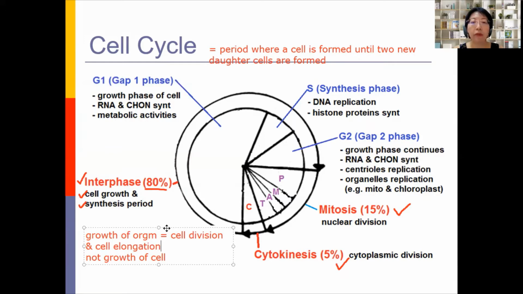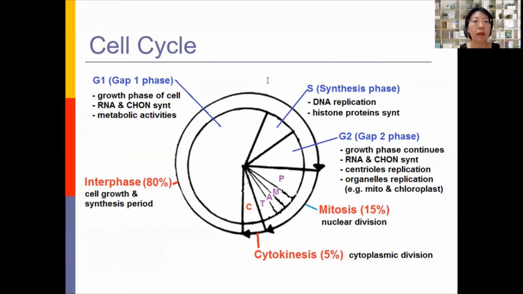If you reference different things, it has a different meaning. So during interphase, we are referring to the cell. Grow means it will increase in size by synthesizing substances inside the cell.